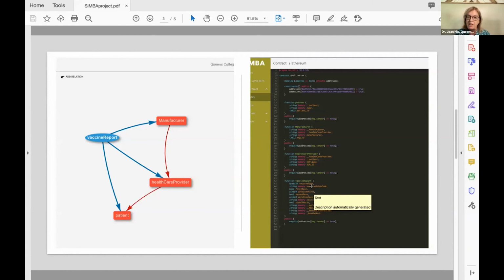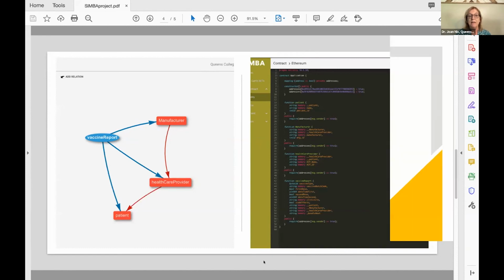Some of them have gone on to take courses in coding and say, I want to go even farther into this. The drag and click is great. The use of the wallet is great. Being able to see their smart contract on the blockchain is also really important for them.